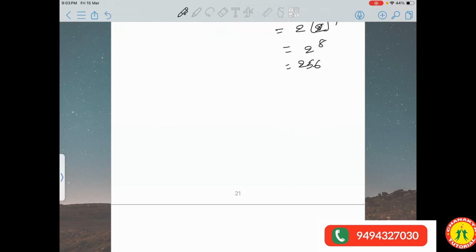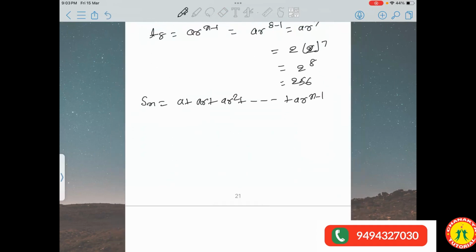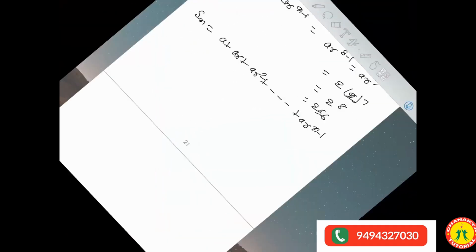Now, anyone know the Sn formula? Sn is equal to the sum of Tn terms. Sn is equal to A plus AR plus AR square plus up to AR power n minus 1. Can anyone say the answer to this question?